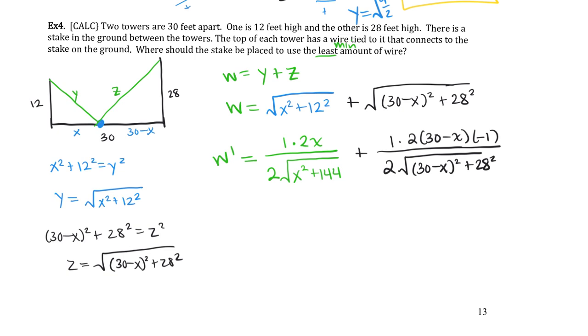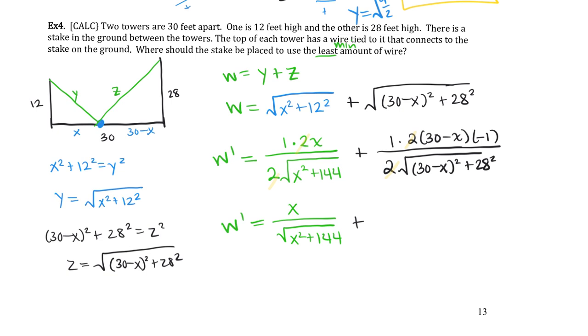I'm going to use my calculator, but let me simplify it a little bit for the sake of typing. Let's cancel out the 2's. So that's x over the square root, plus, these 2's cancel, which is okay.